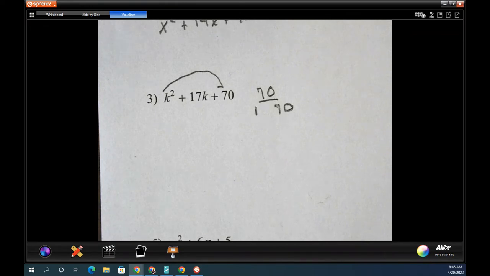Add a graph. Then you would just type in 70 divided by x. And then go to your table. Now, somebody, what's the next one that comes up? 2 and 35. Okay. Lily, what comes next?